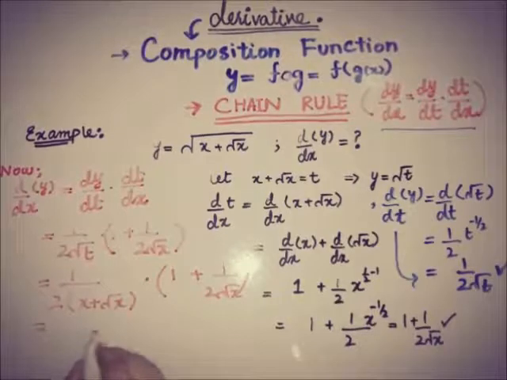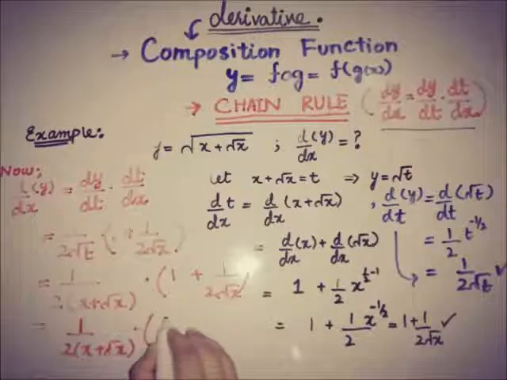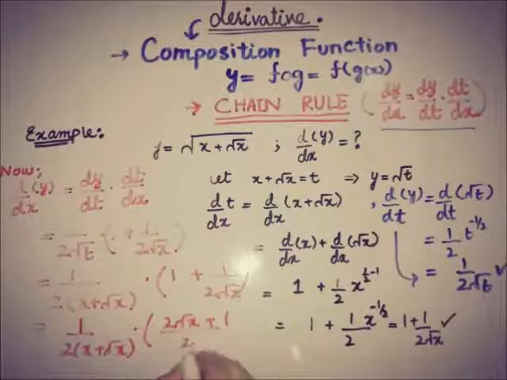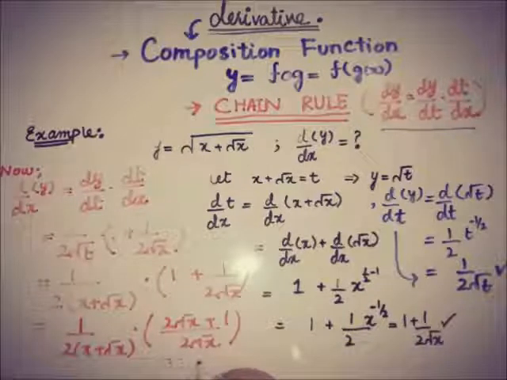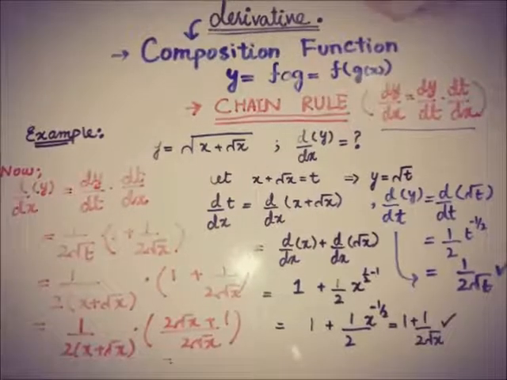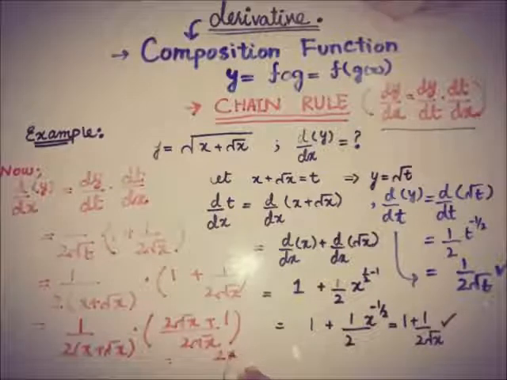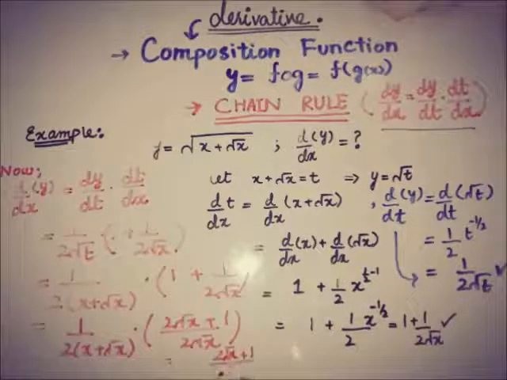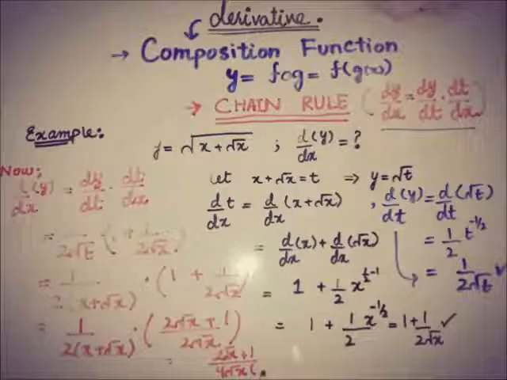Now taking LCM, and just simplifying this, we'll get 2 under root x plus 1 over 2 into 2 under root x, and then x plus under root x.